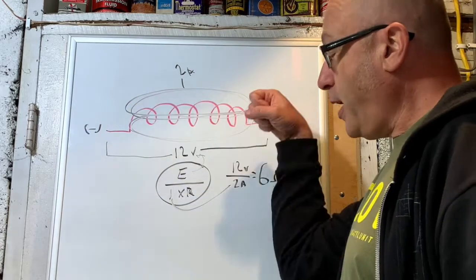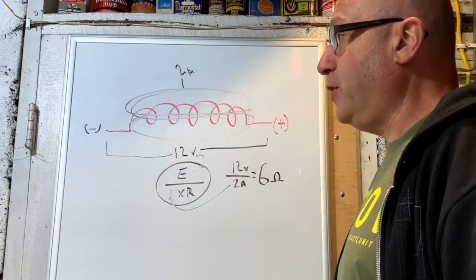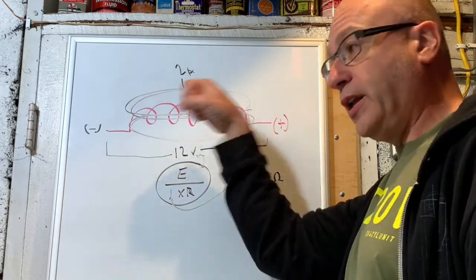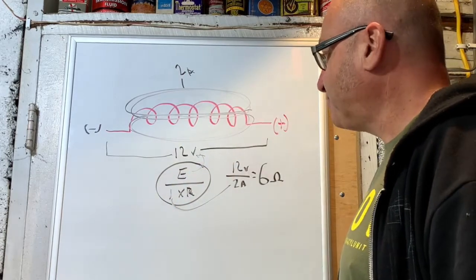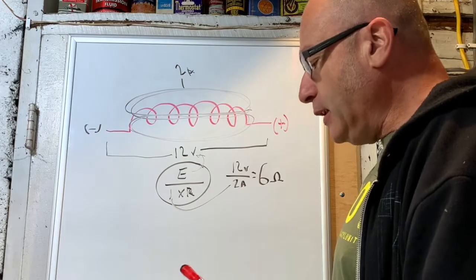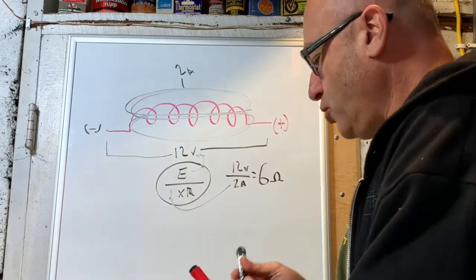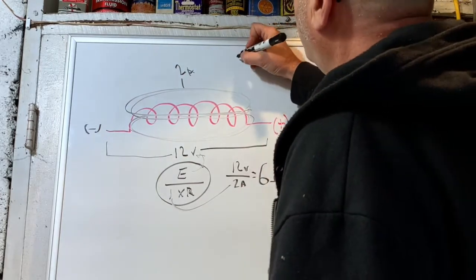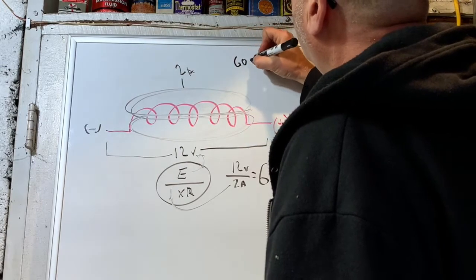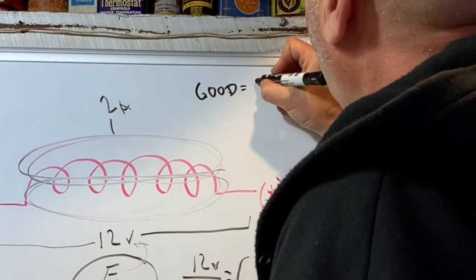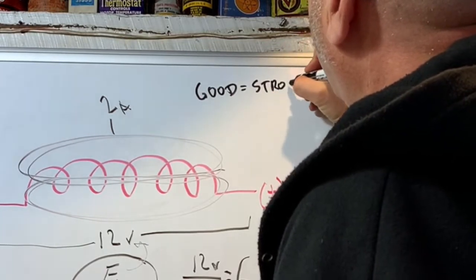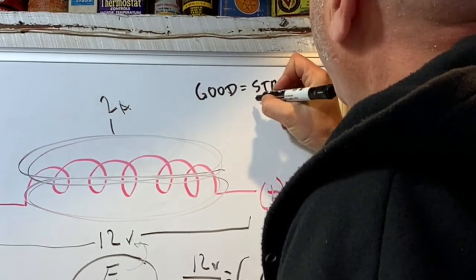So we're going to pull that back when we have that magnetic field. We're going to let that oil flow. We're going to let that fuel flow through that system. So ideally, when this thing is good, so I'll write up here the good one, when it's good, we have a strong magnetic field.